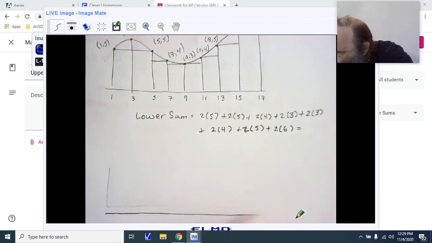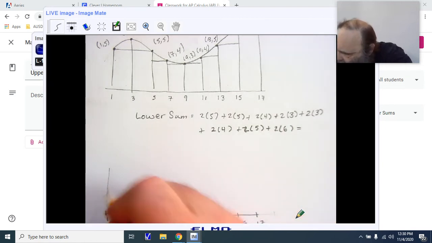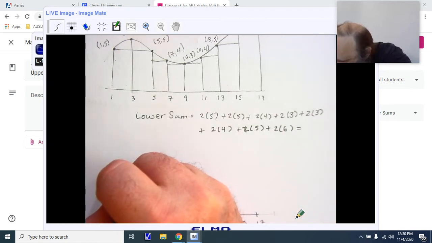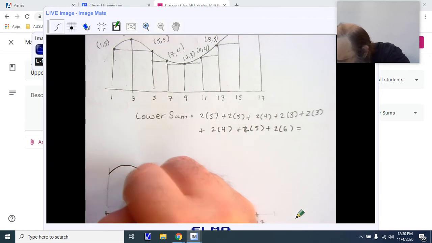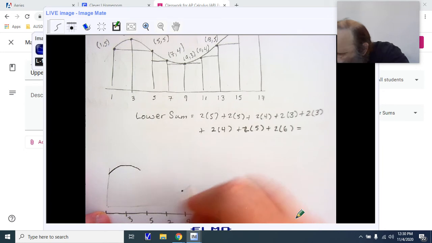So we have our 1 through 17 broken up into groups of 2. 1, 3, 5, 7, 9, 11, 13, 15, 17. Went too far. And then we have our curve. I'll do my best at drawing it again.